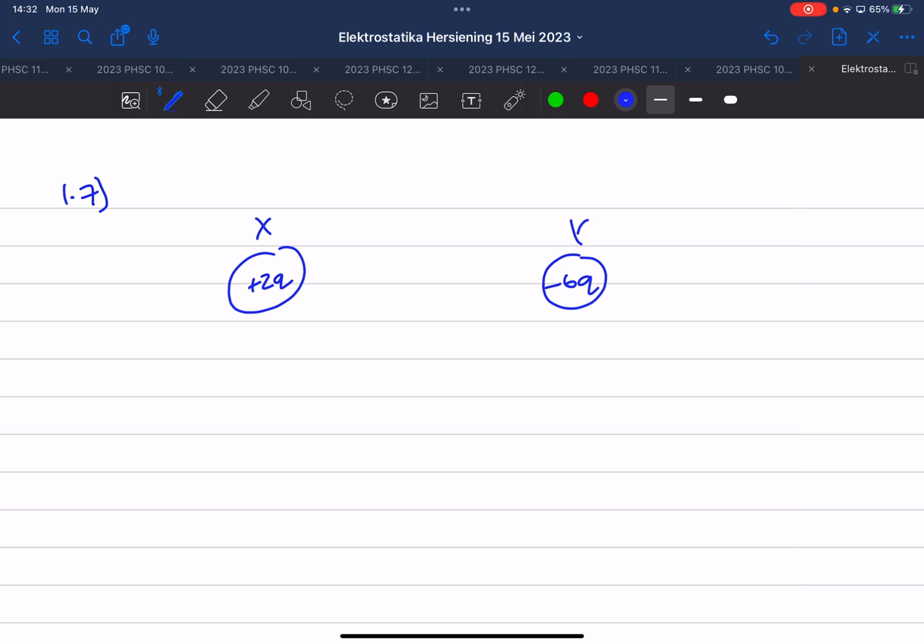Sphere X experiences electrostatic force F to the right when the distance between their centers is R. Now say that they are brought into contact and then separated to their original positions. Which one of the following represents the magnitude of the electrostatic force that sphere X experiences now?